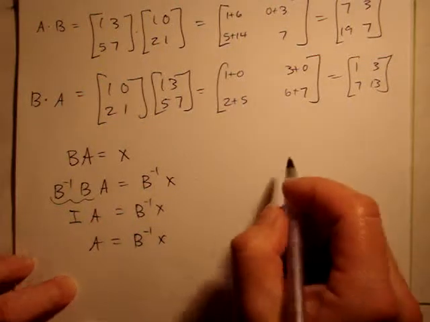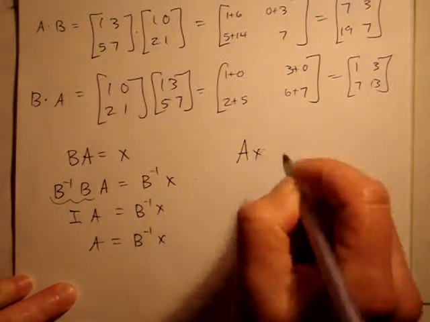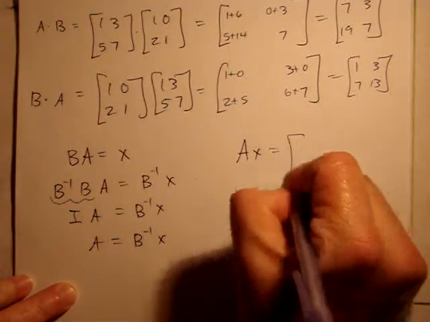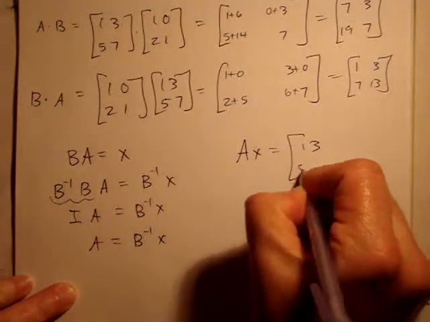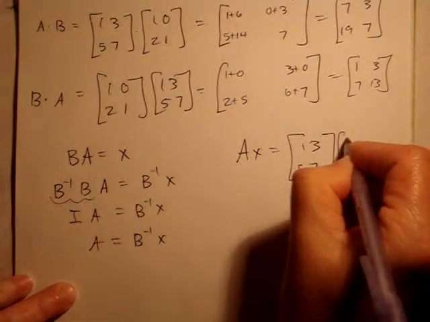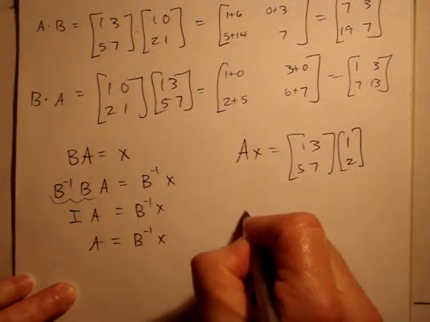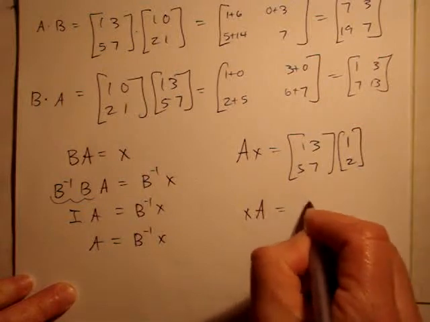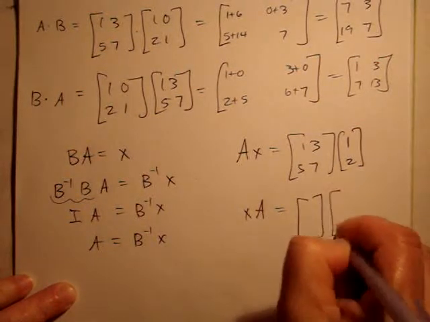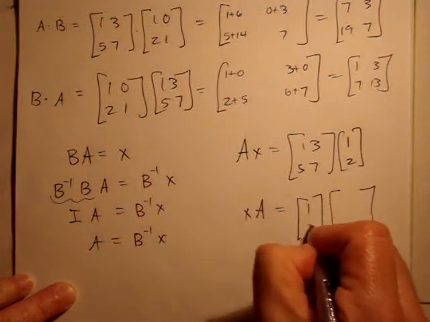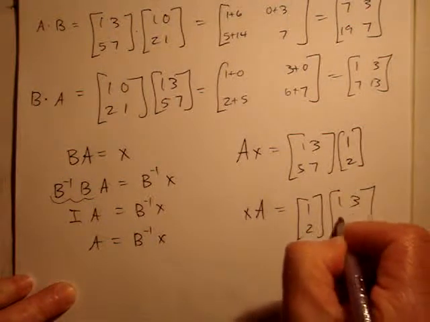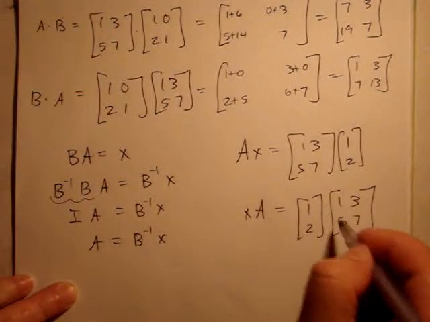I guess one other note, if we have A times X, where A is a matrix, let's just say it's that same one, and X is a vector, we can do it when we multiply this way, but we could not do XA because they do not form. You can't multiply that way. You have to have the inner dimensions agree.